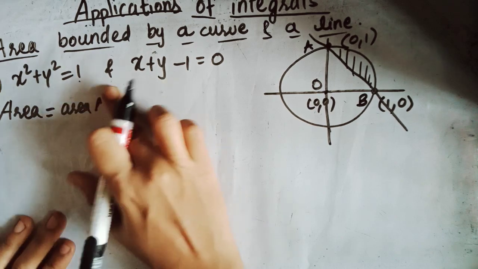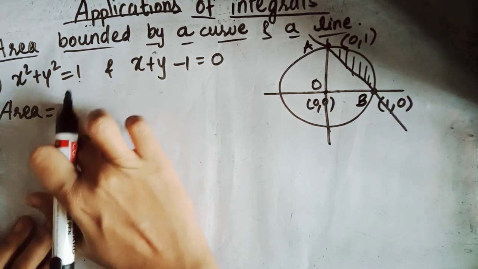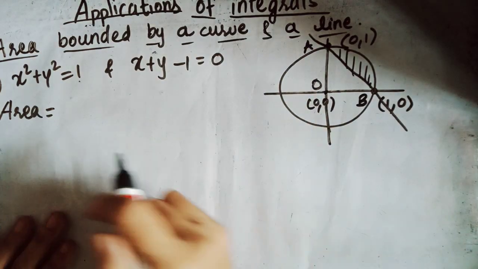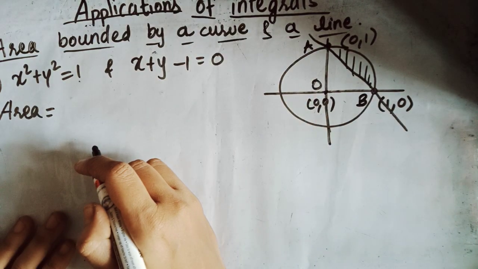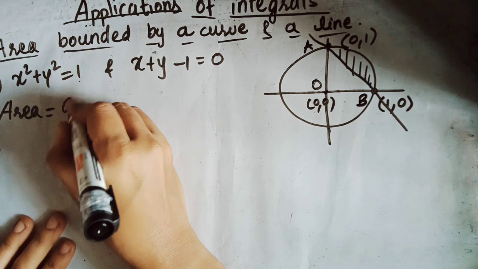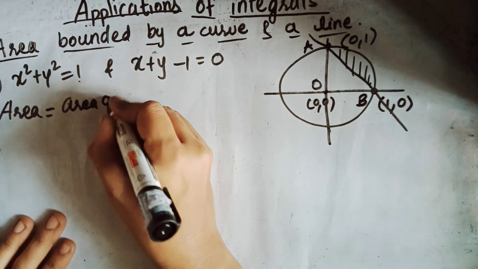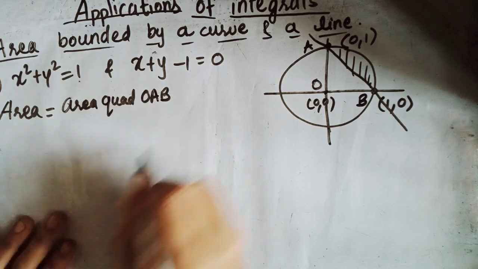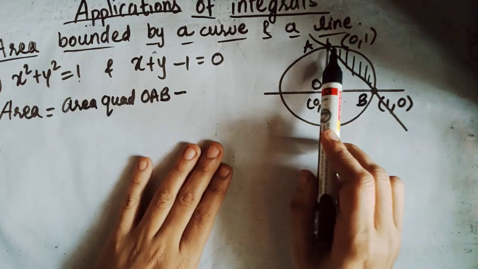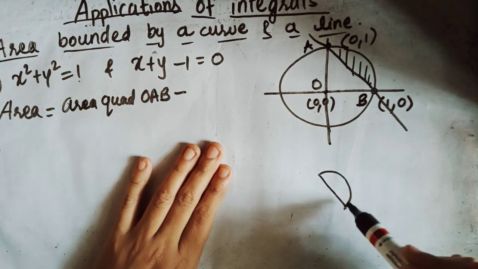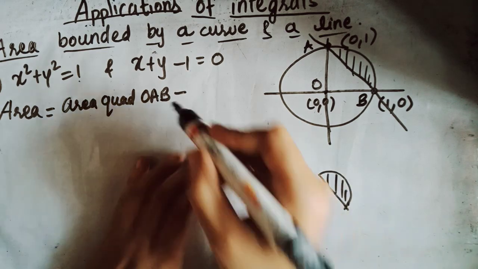Here you will have to find the area of the full part, that is the full quadrant part. Okay, so I'll write the quadrant OAB. So area of quadrant OAB, minus you have to do this part, that is the segment part.